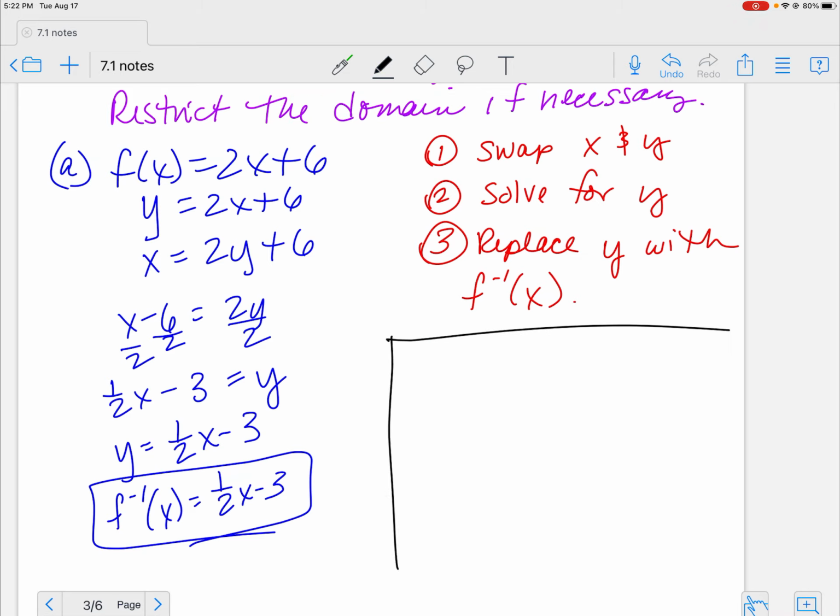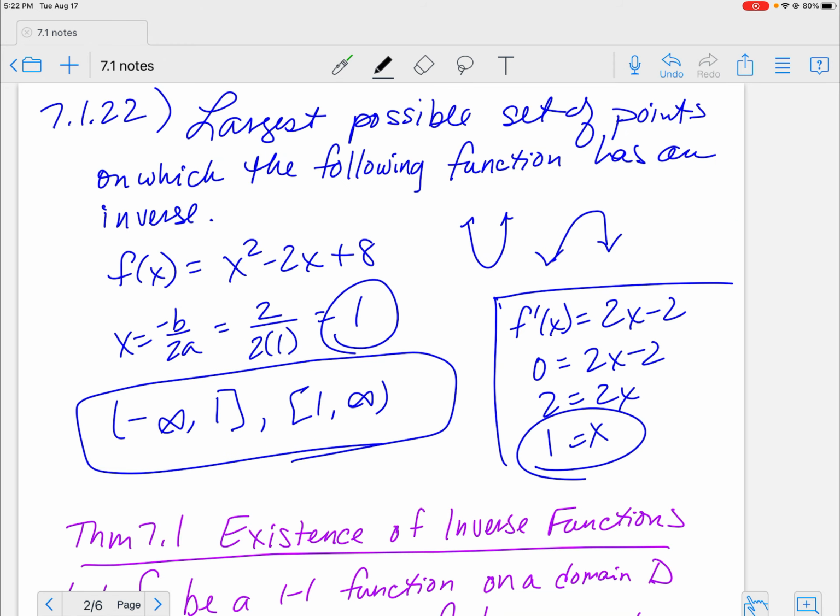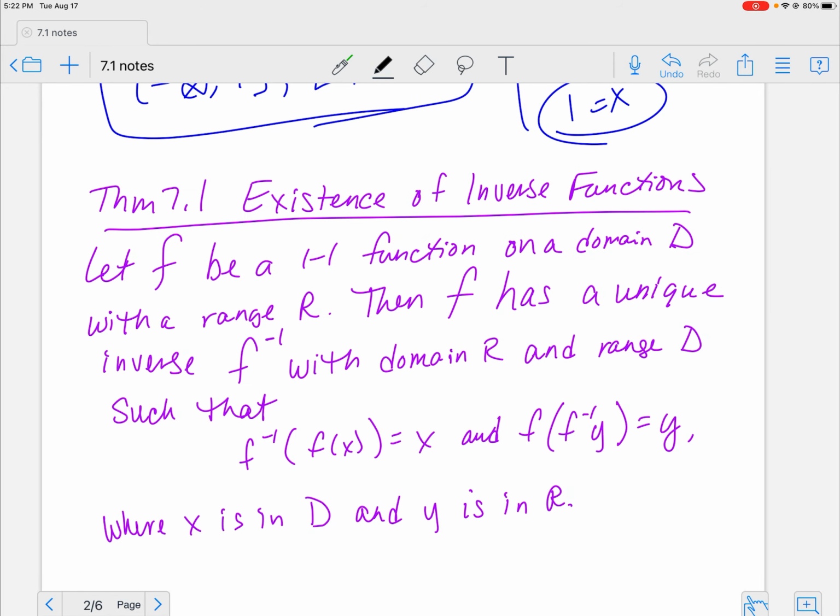Okay, just for fun, we are going to verify the inverse. Remember, when you have an inverse, like the definition just told us, if I input my functions, then I'm going to come out with just an x.